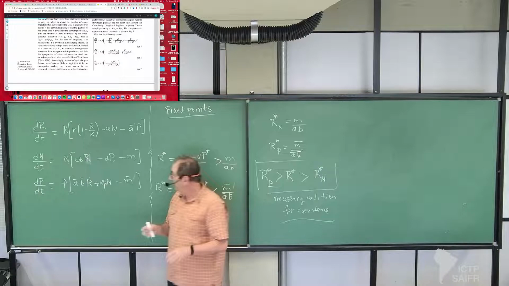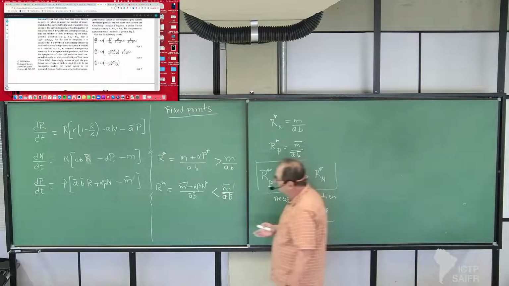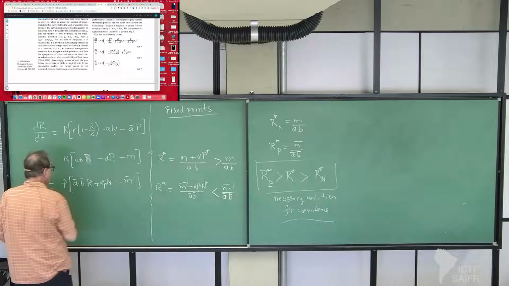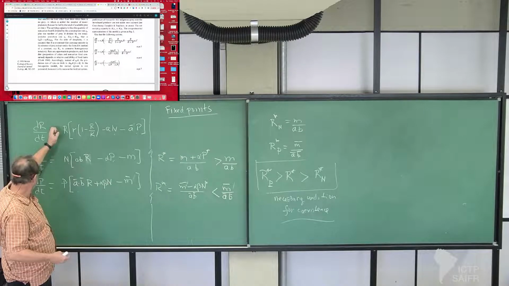If we exclude the prey, I do the analogous reasoning: there is no N, so the resource and the predator are in equilibrium, and the resource has this value at equilibrium. Now I see that R star has to be bigger than m over AB, which happens to be R star index N.